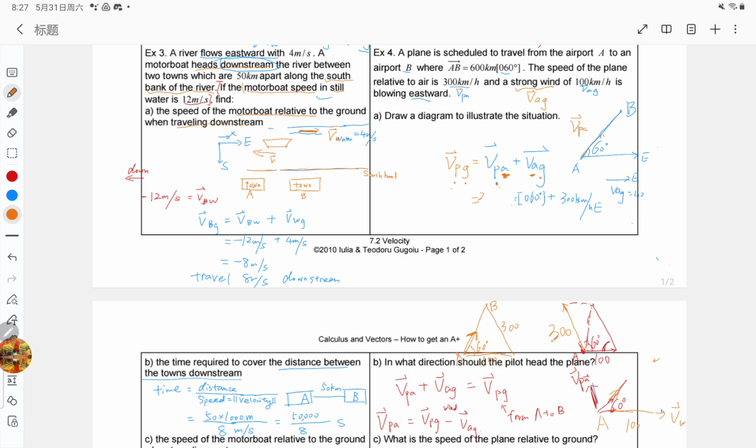I keep saying 600, so this should be 300 something per hour. And this is 100 air ground, sorry, 100. But this direction we don't know, right?